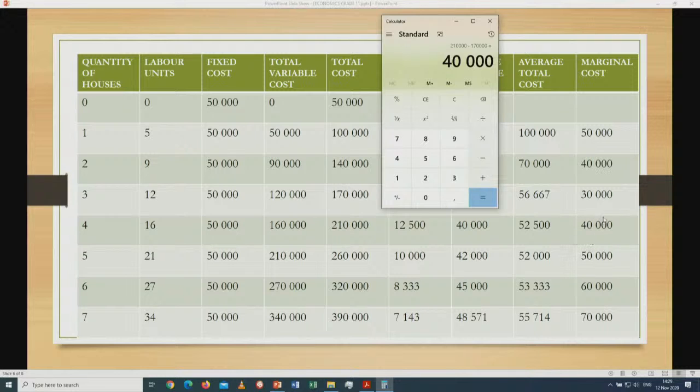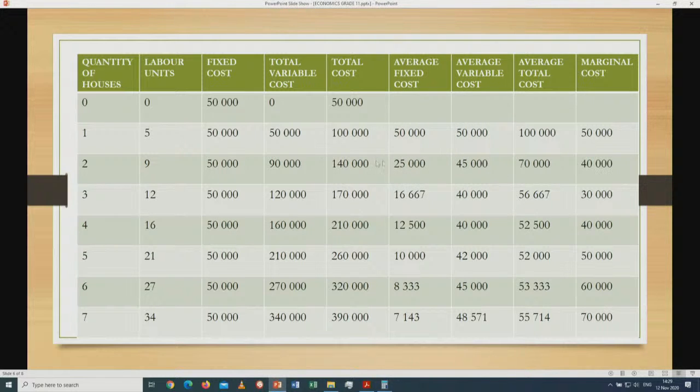But I want you to look at something now. As we were going on and on, our marginal cost was 50,000. So it cost us 50,000 to produce the extra unit. Then it cost us 40,000 to produce the extra unit. It cost us 30,000 to produce the extra unit.